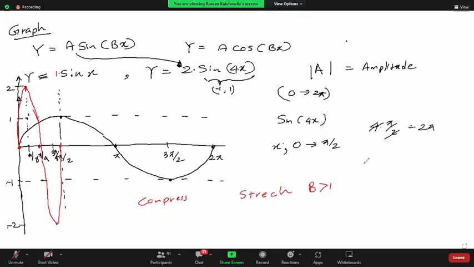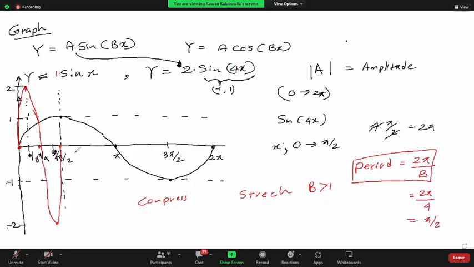Let's write down the period, that is equal to 2 pi over b. Now using this equation, you can apply b is 4, so the period is equal to pi over 2.